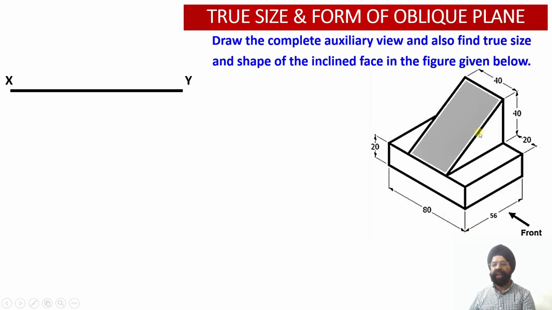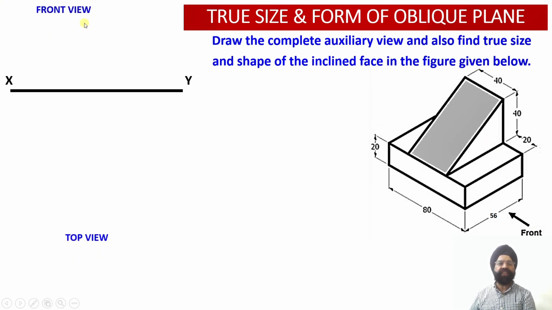Then you have this triangular surface which will appear in the front view, starting from the top point of the surface on the left hand side, and the height of this inclined surface is 40 millimeter. So this is the discussion regarding the different elements which will be observed from the front view.